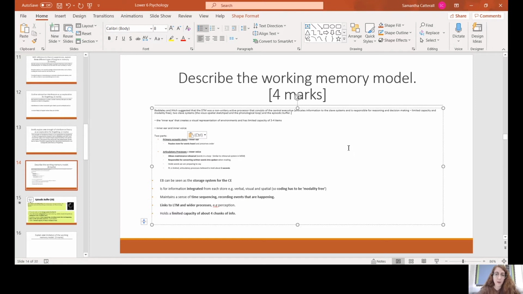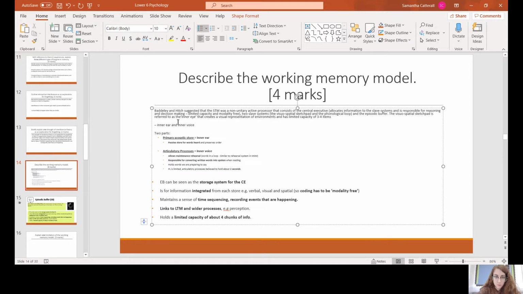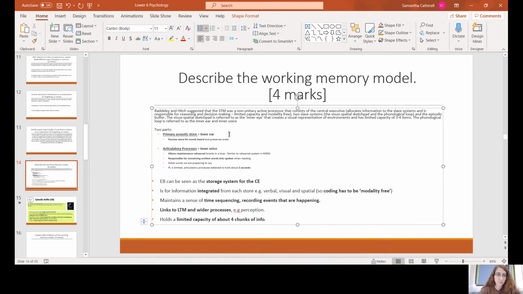The episodic buffer, and then I'll put the visual sketchpad is referred to as the inner eye that creates visual representation and has limited capacity. The phonological loop is referred to as the inner ear and inner voice.